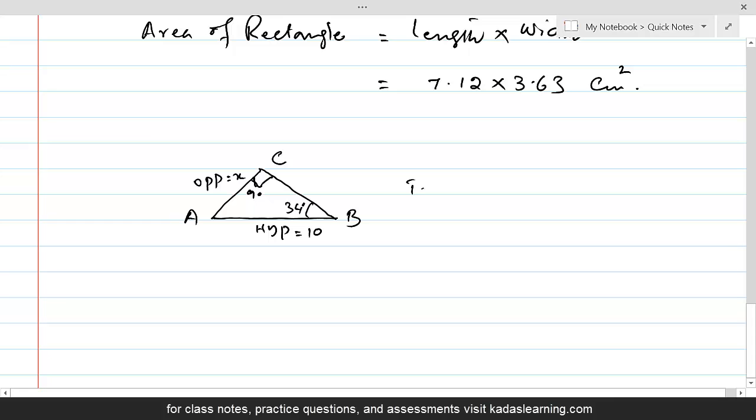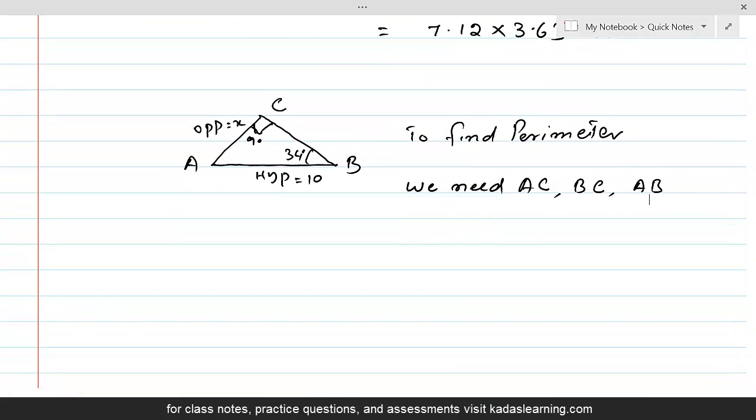To find the perimeter, we need AC, we need BC, and we need AB. AB is already given, but we need all the other sides of this triangle. It's easy to apply the sine ratio and find the value of x.